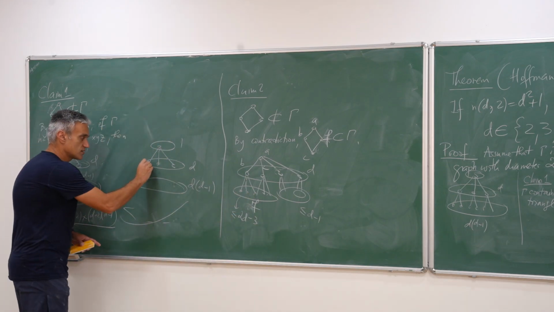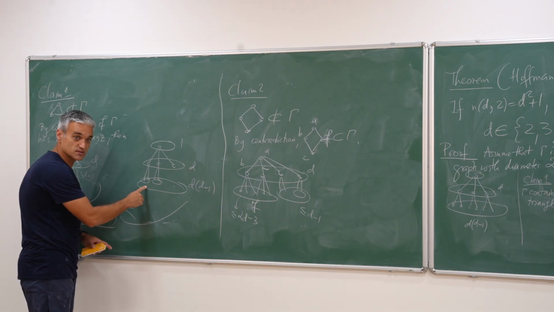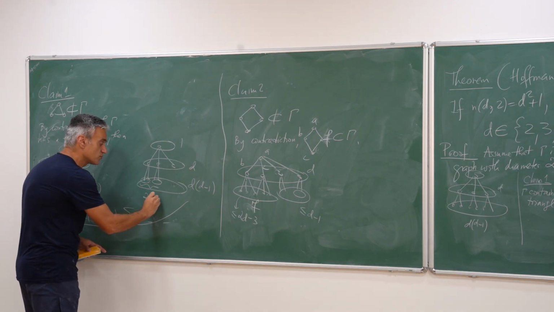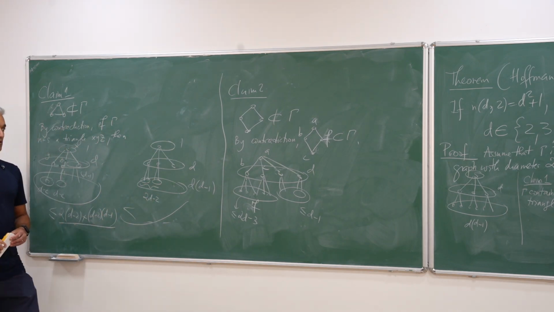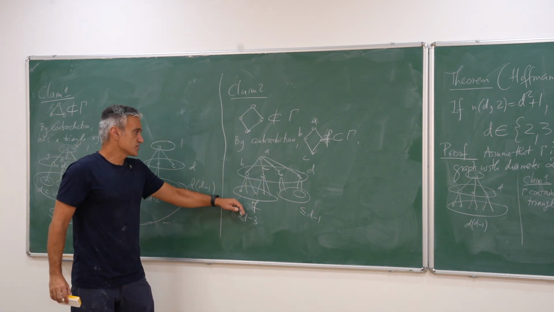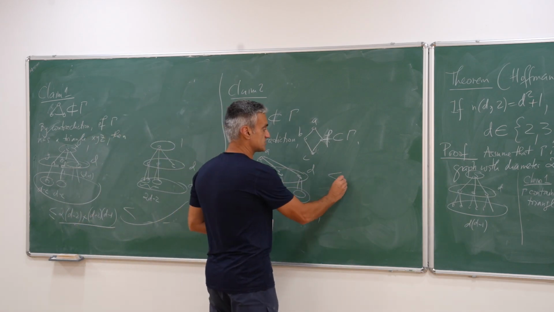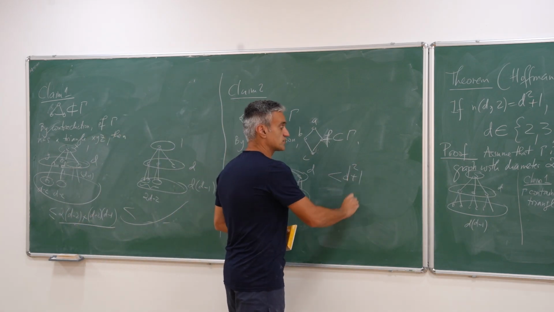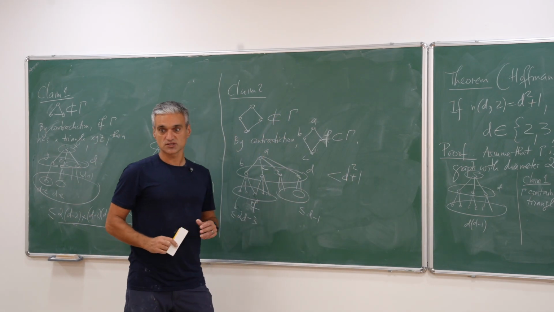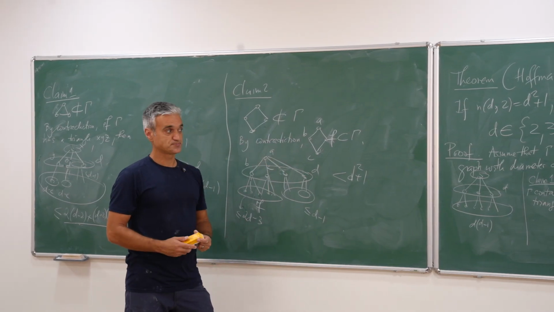Whereas if I had any two vertices that were disjoint, they would send 2D minus 2. Because they overlap here, the number of vertices here is strictly less. So in total, the number of vertices will be strictly less than D squared plus 1, and that's again a contradiction. Therefore, your graph doesn't have any C4s.